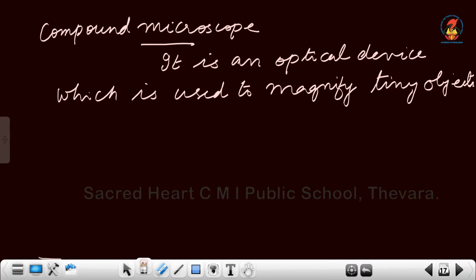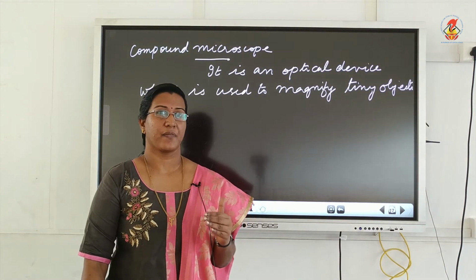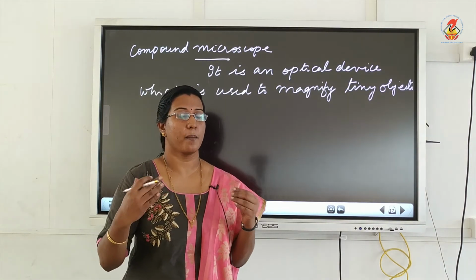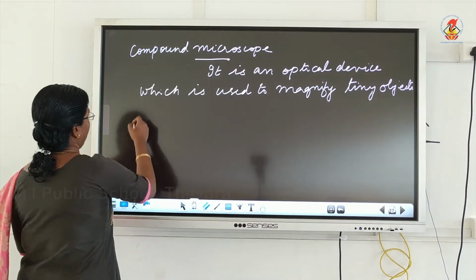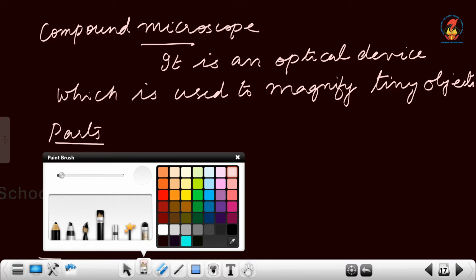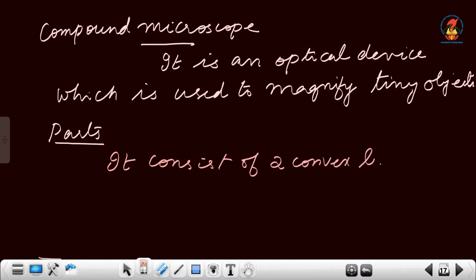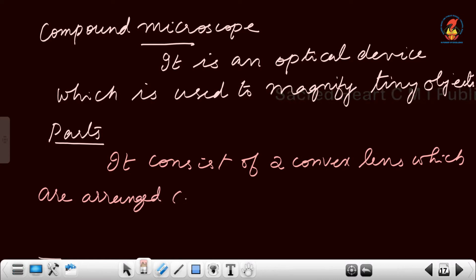Compound microscope basically consists of two convex lenses, and each convex lens is known by their name. So, it consists of two convex lenses which are arranged coaxially.